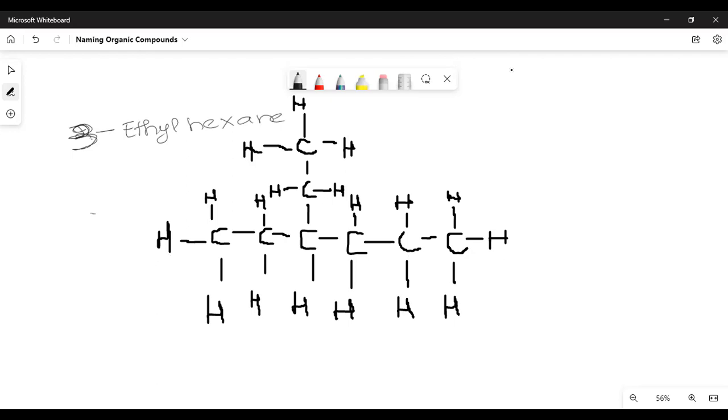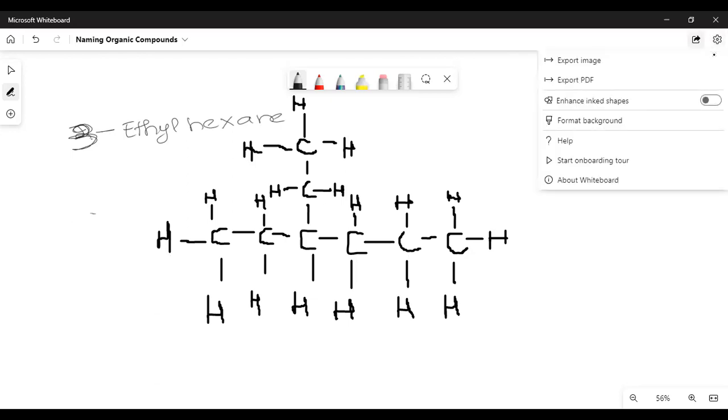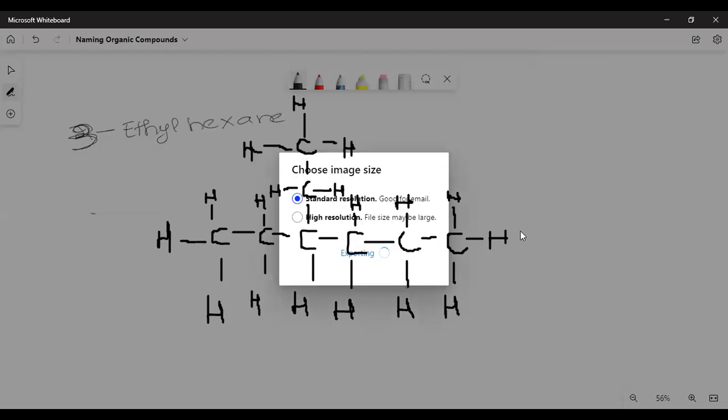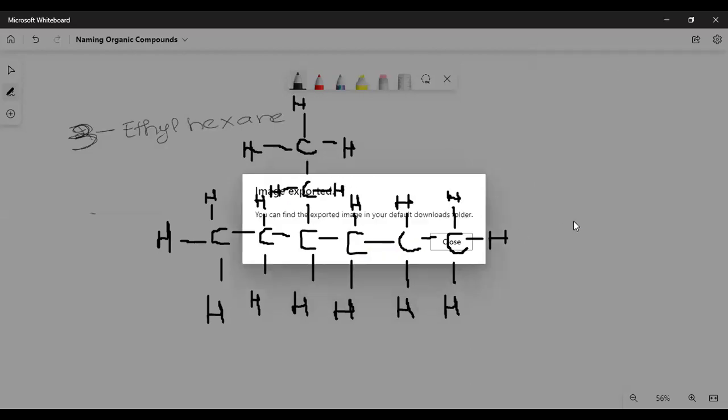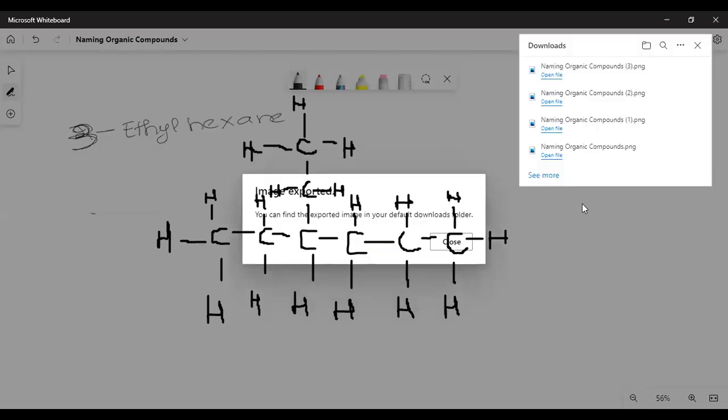So now you know how to convert the name into a structure. Good enough? Yeah, good enough. So I am also going to export it as a picture.